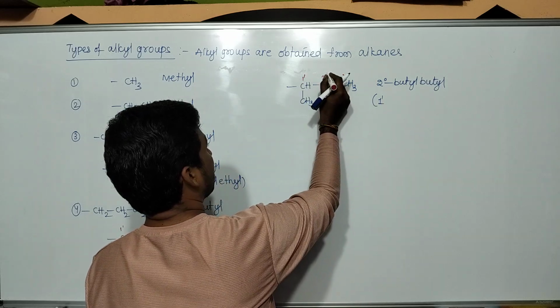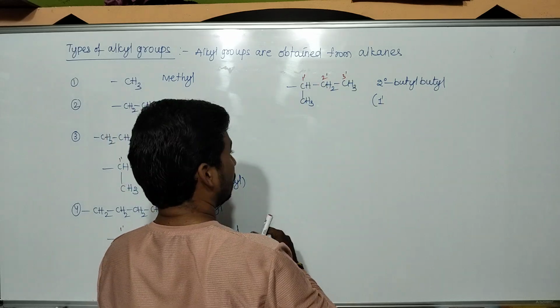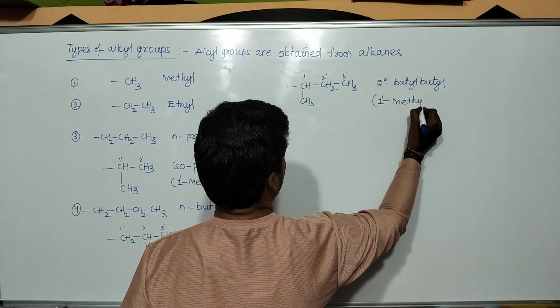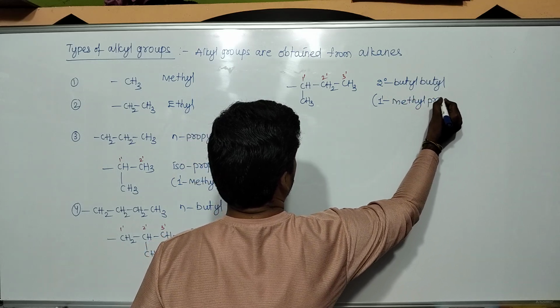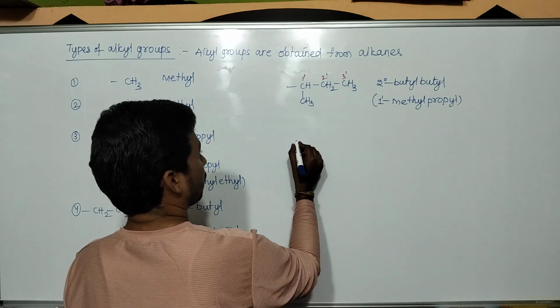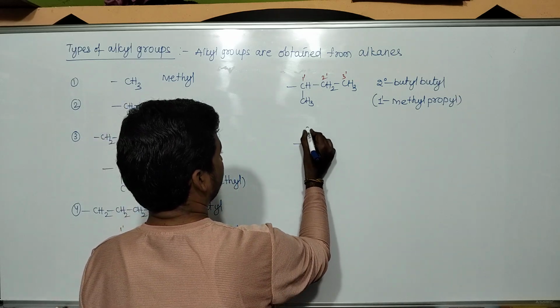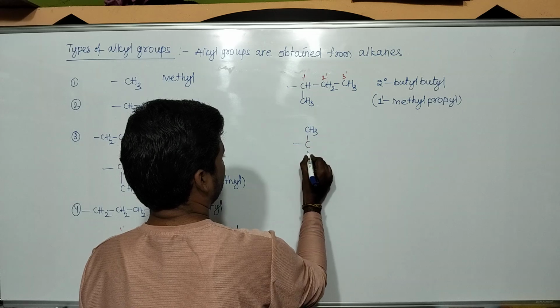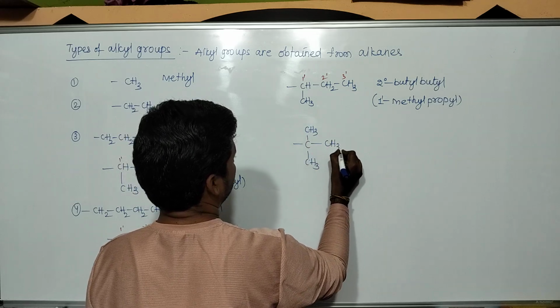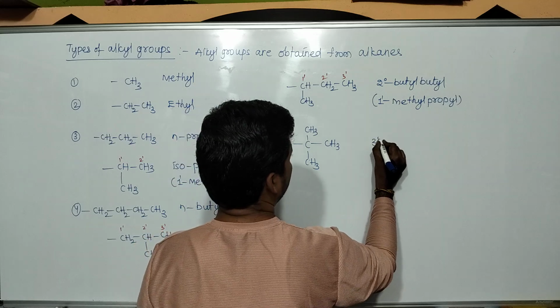For branches we use numbers 1 prime, 2 prime, 3 prime. Finally, this one is tertiary butyl.